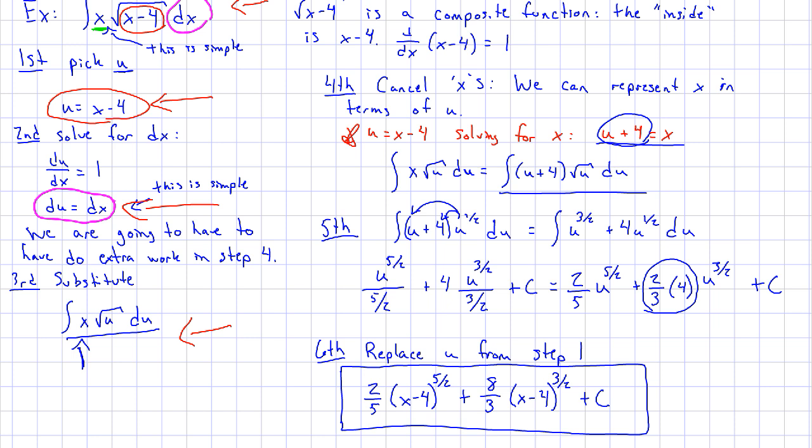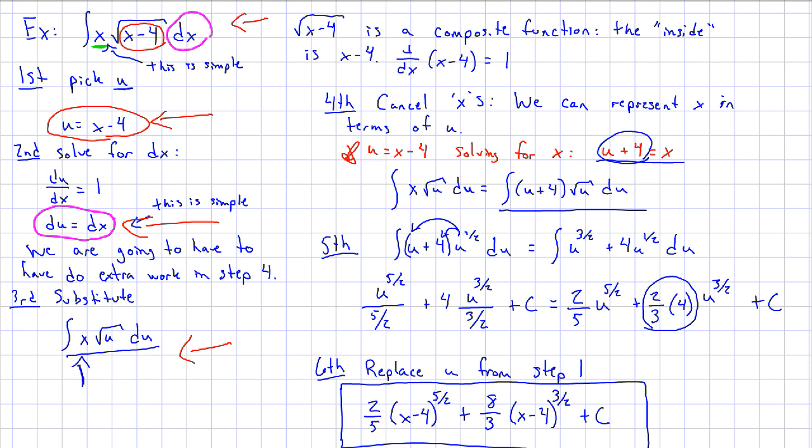And then the very last type was we have a composite function, but it doesn't work out to cancel all the x's. So can we represent whatever's left over in terms of u? And if we can, then we substitute that in and proceed with our solving.